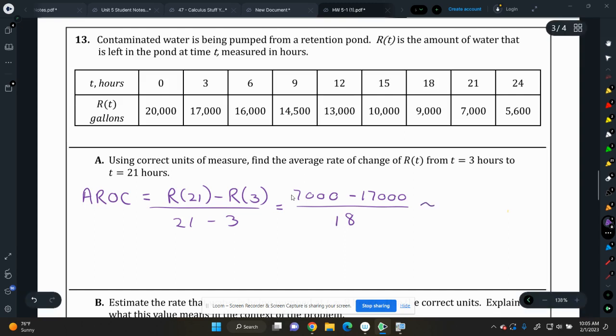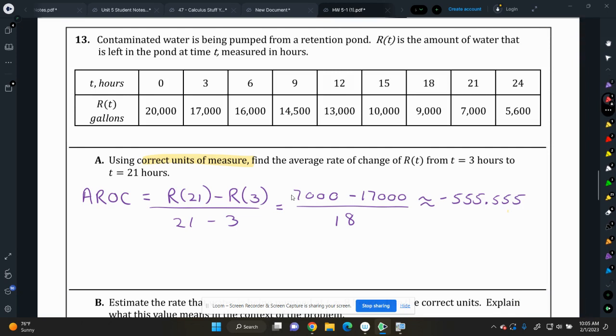And this comes out to approximately negative 555.555, right? Using correct units of measure. That means you are going to be scored for that unit. If you have the wrong unit, you're not going to get credit.